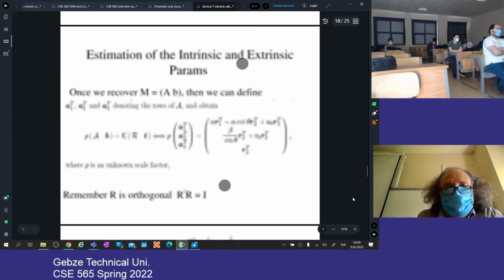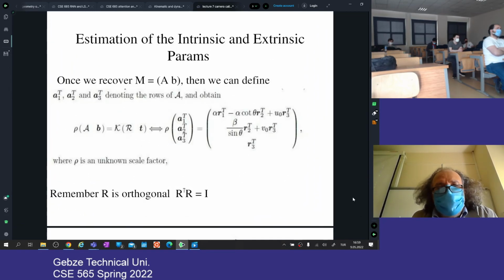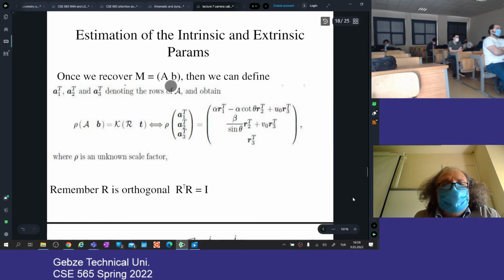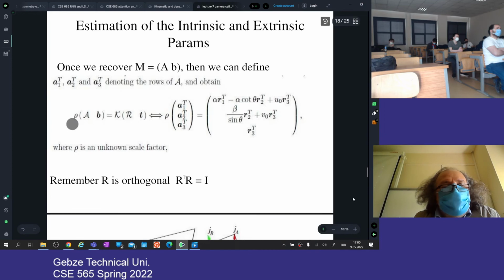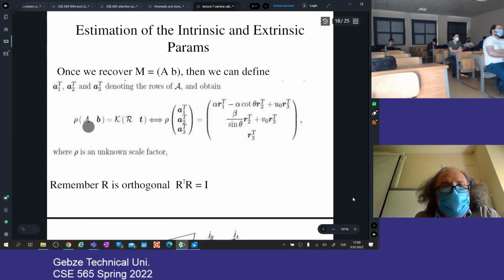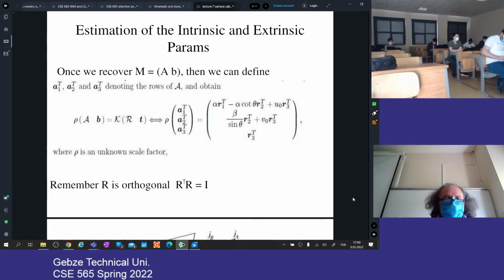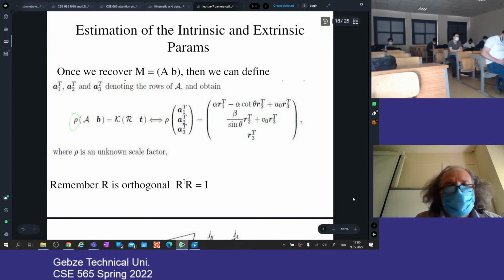So I found M. Inside it, I have a 3 by 3 matrix A and a 3-element vector B. I know that rho times A, B, where rho is a scalar, is equal to K[R T]. Why? Because I don't know this constant rho.